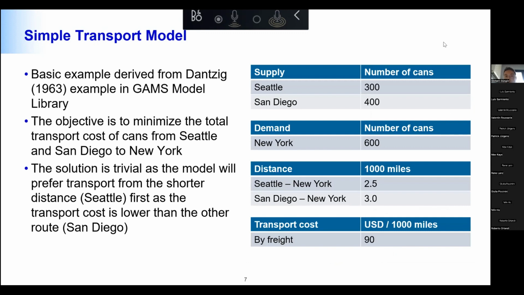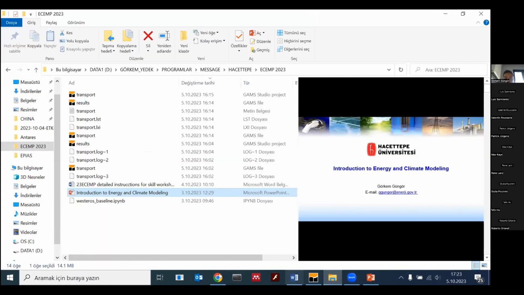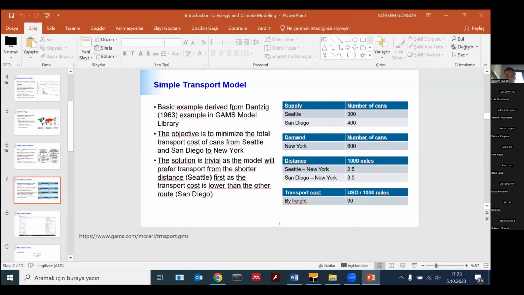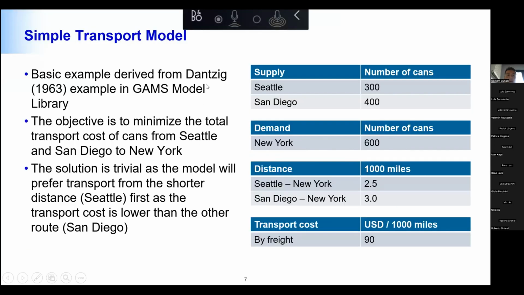Now, this is the first example which I will show you, which you can also download from my repository with the link in the guidance sheet, the transport.gms. This is actually a simplified version of the GAMS example in the GAMS model library. The simplification is to do a graphical solution so that the theory of linear programming and the duality theory can be visualized.